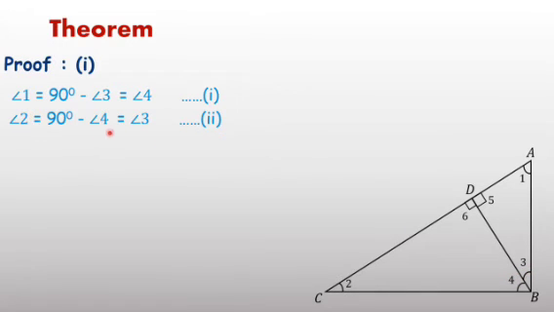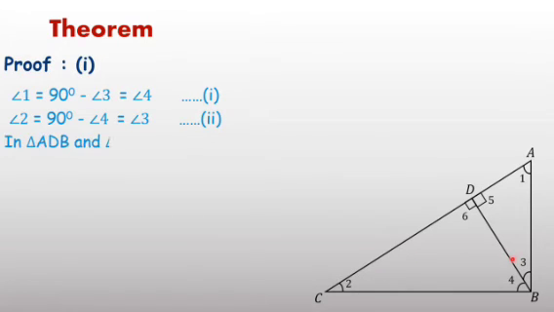It implies angle 3 is also equal to 90 minus 4. Means angle 2 equal to angle 3. So before we start, remember: whenever any right angle triangle is given, if you draw a perpendicular upon the hypotenuse, then angle 1 equal to angle 4, and angle 2 equal to angle 3.